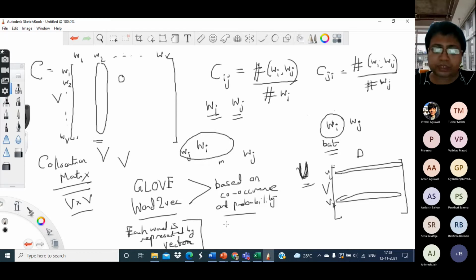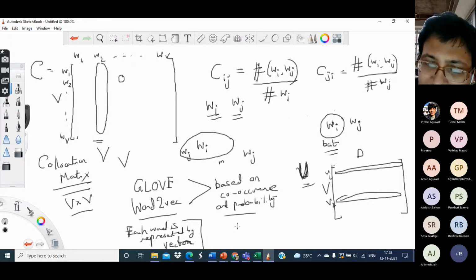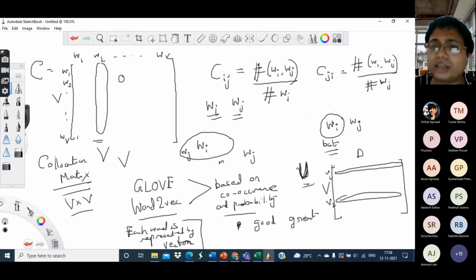These vector representations of words have certain properties. If two words are quite similar to each other, let us say good and great, then their corresponding word vectors will also be similar to each other.